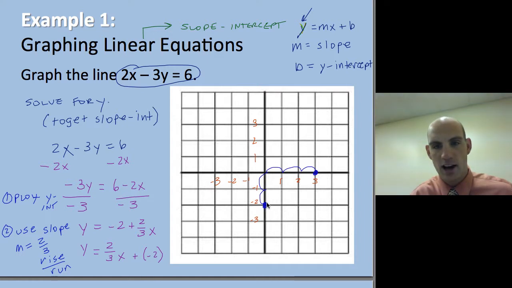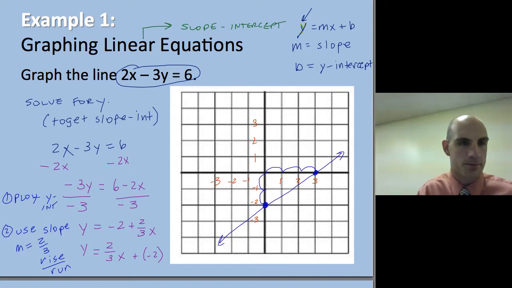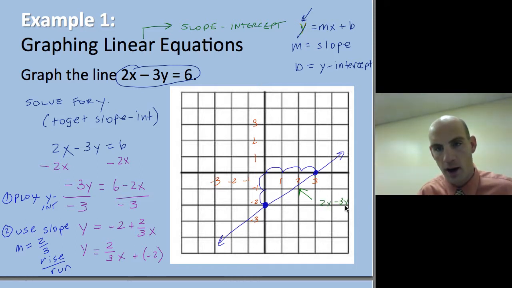Now I can connect these dots to plot my line. And this line here that we have shown is 2x minus 3y equals 6, or y equals 2/3 x minus 2.